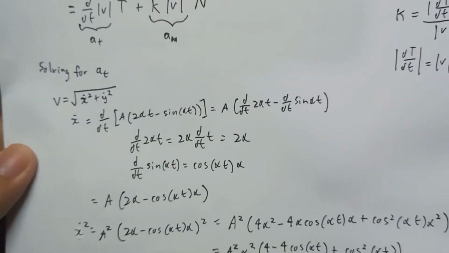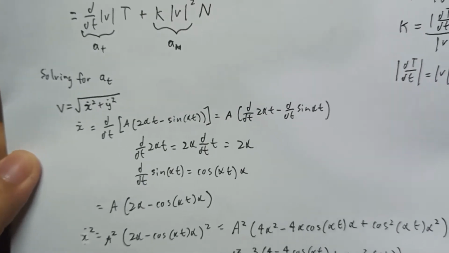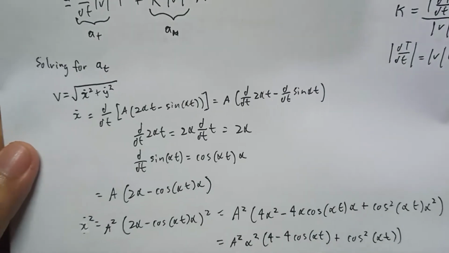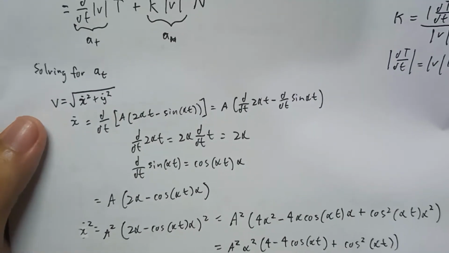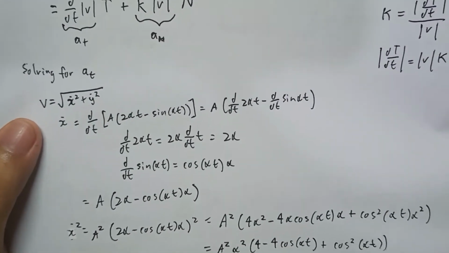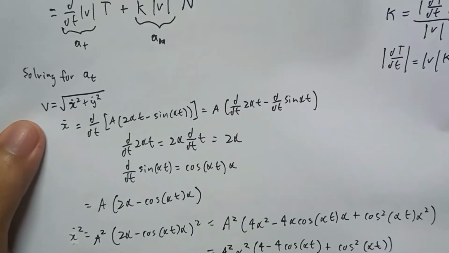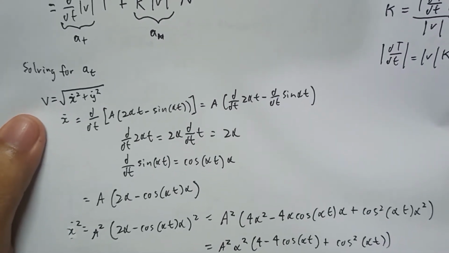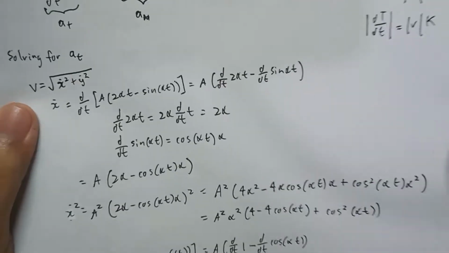Now, solving for the tangential acceleration, we must first find the velocity, which can be computed by getting the square root of the sum of the squares of the first derivatives of x and y.